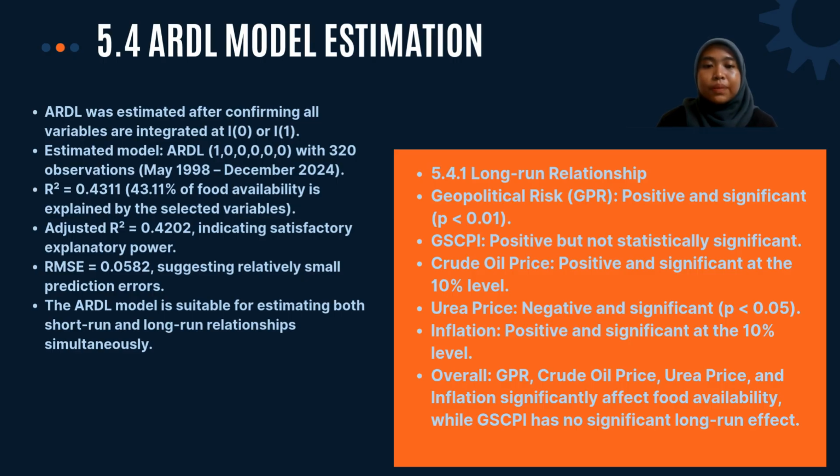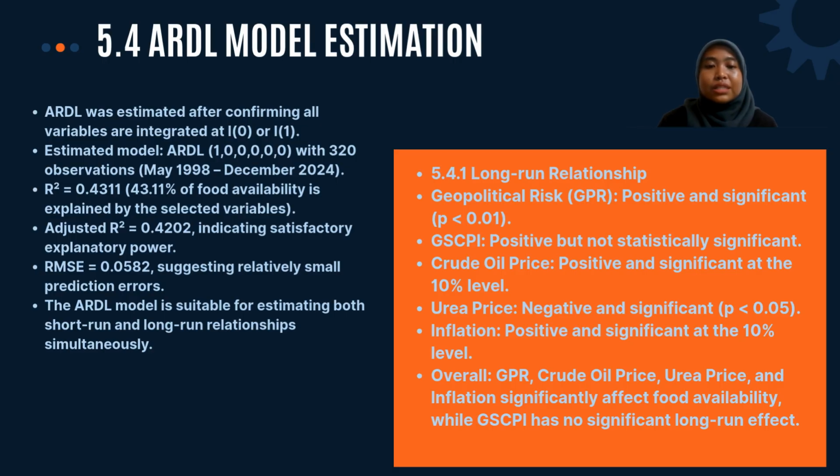The Global Supply Chain Pressure Index has a positive coefficient but is not statistically significant, suggesting that supply chain pressure does not have a long-run effect on food availability during the study period. For crude oil price, the relationship is positive and significant at the 10% level.